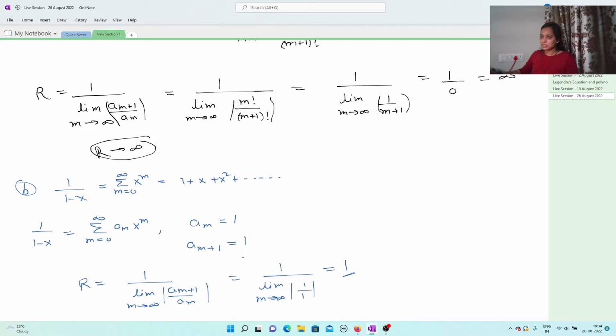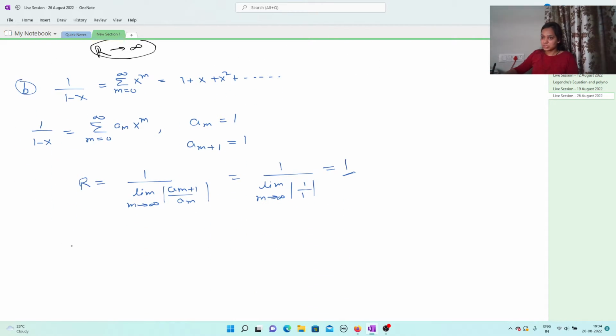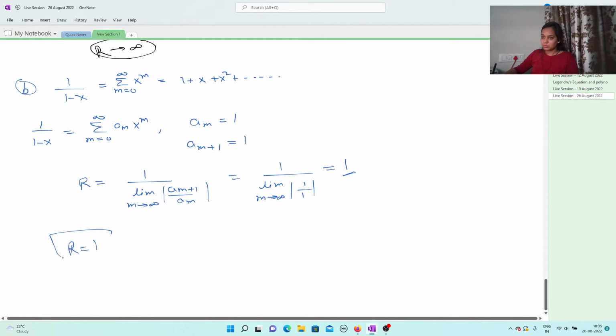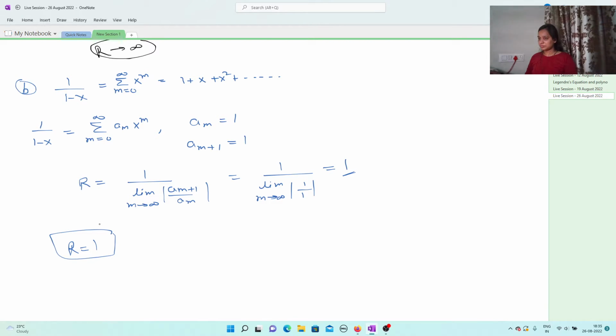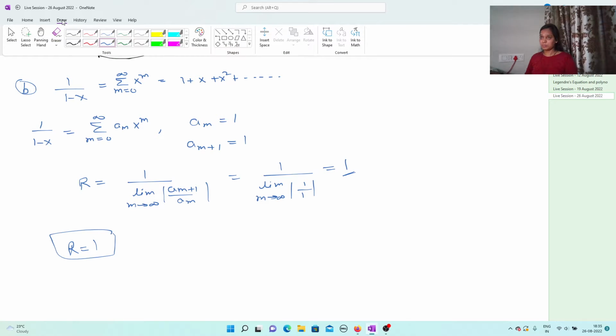So for this case, radius of convergence is equal to 1. Okay. Any questions on this? Before we move on to the next topic, that is the Frobenius method, are there any questions?